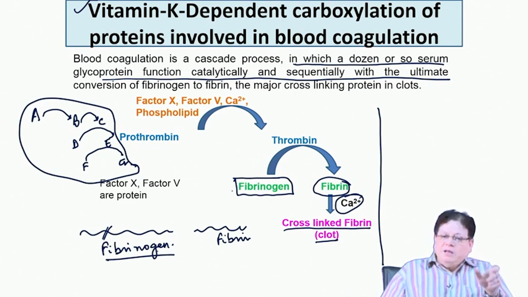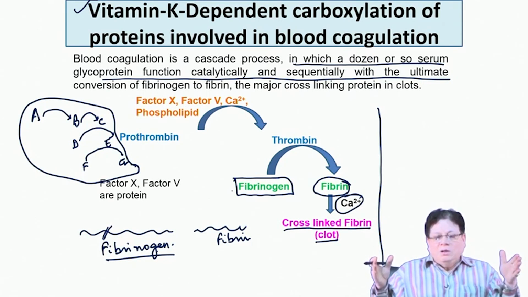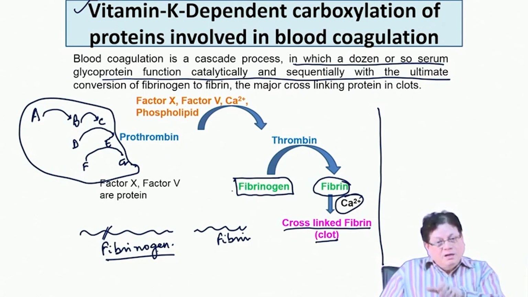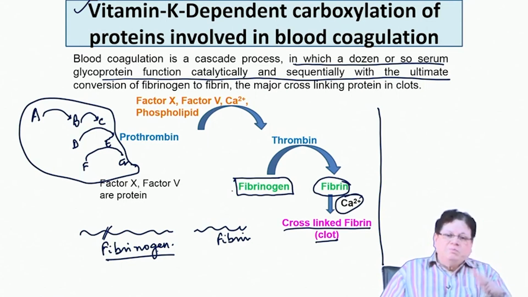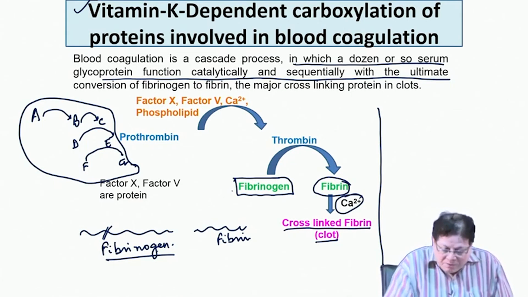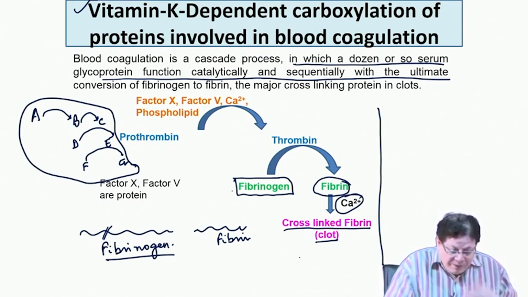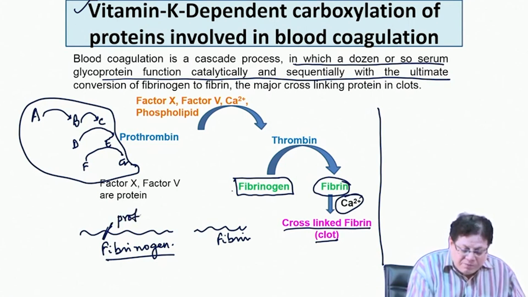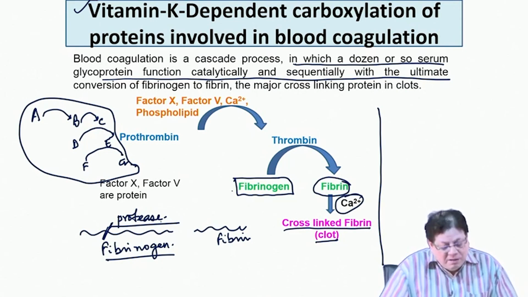That is a proteolytic cleavage of one portion of the long polypeptide. You take out the portion which makes it inactive, resulting in the active form of the protein. This breakage is a protease reaction, where you are breaking the peptide bond.